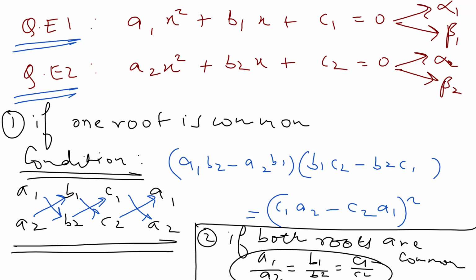Just remember this if both roots are common. Copy this down. See, I'm just pushing these additional problems so that we don't miss out on anything. I can't really say whether they will ask this or not, but the probability is less in comparison to the other sums. But let's not take a chance, we will do this.